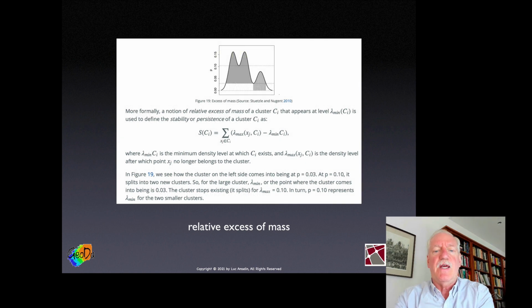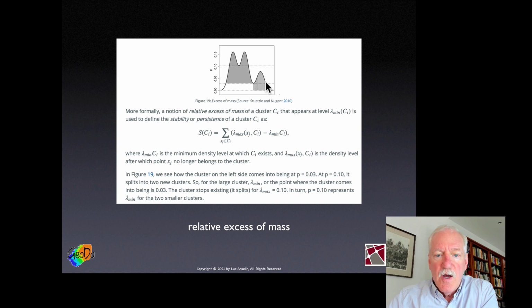This is a discussion that I have for that in the workbook, and it's actually maybe easier to just read this. So this is our same example from before again. So we see at this level, the original single data set splits into two clusters.